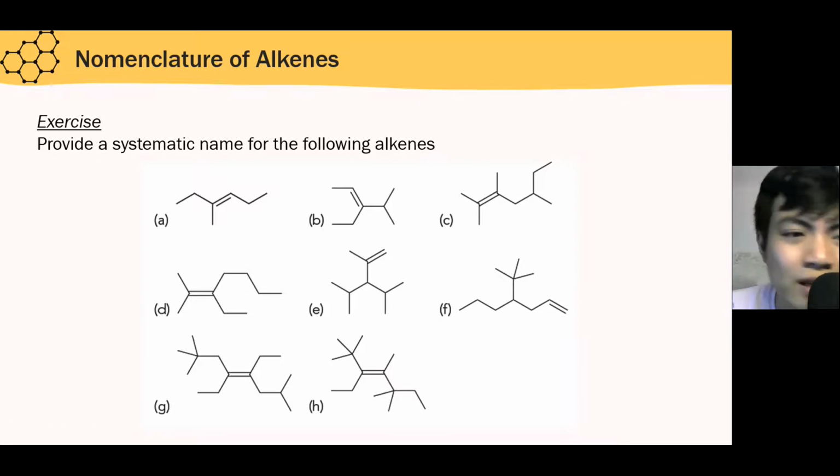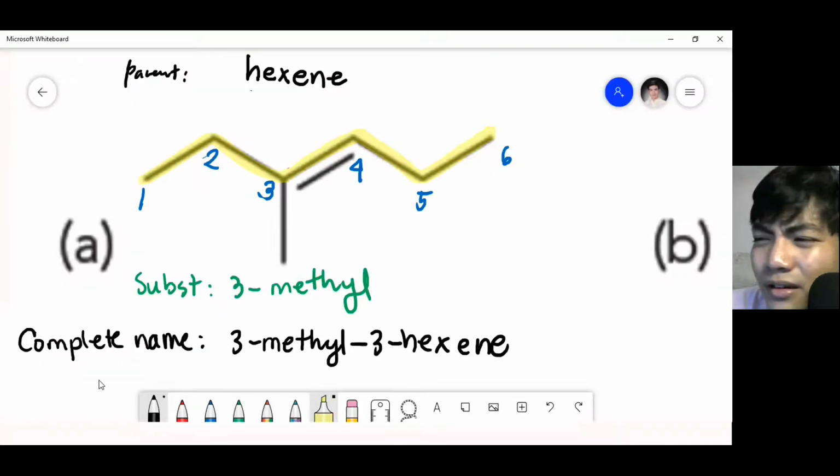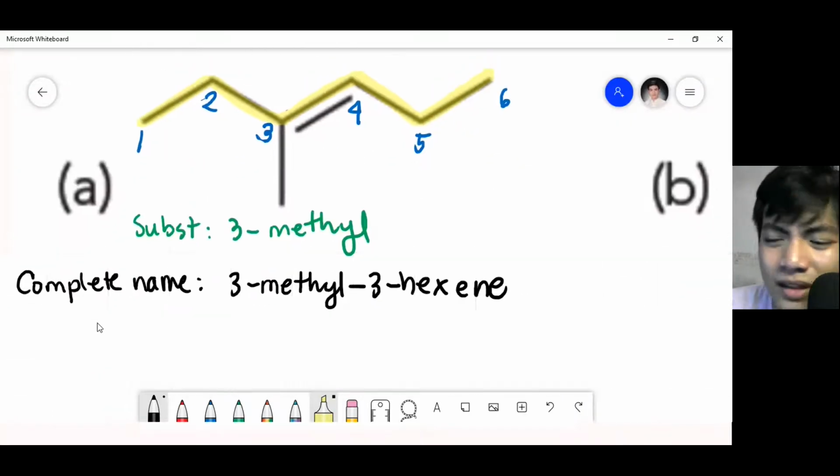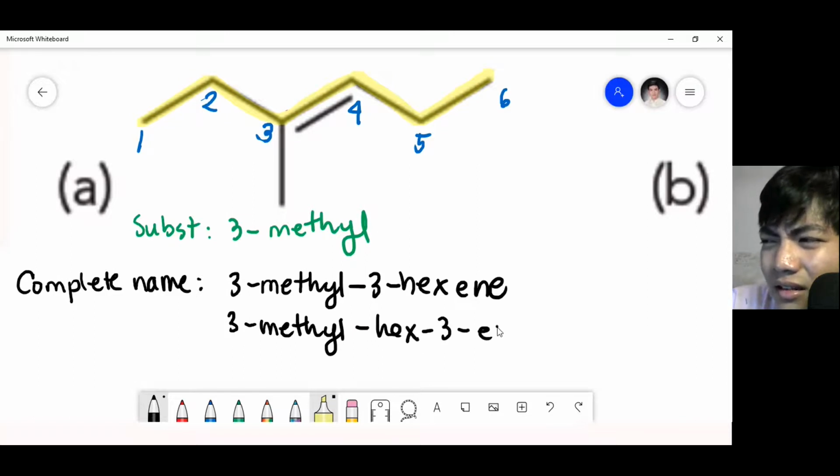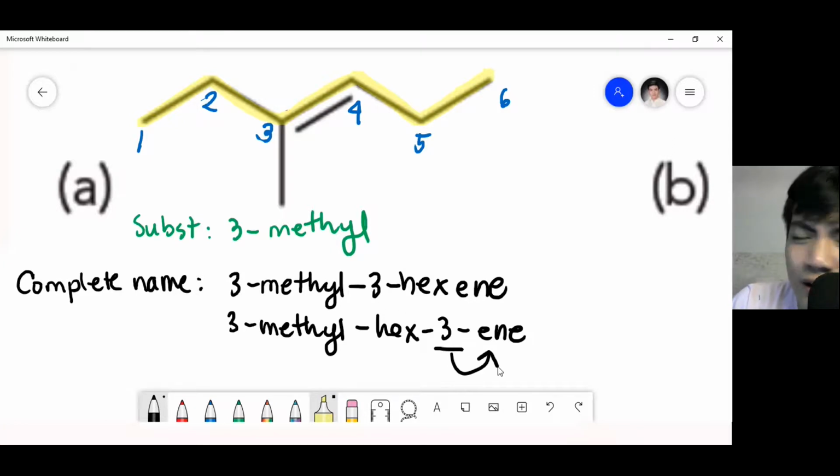You can also name it this way. So 3-methyl hex 3-ene. And sinabi ko to kanina, right? That you can place the number before the "-ene" suffix, or you can place the number before the parent name.